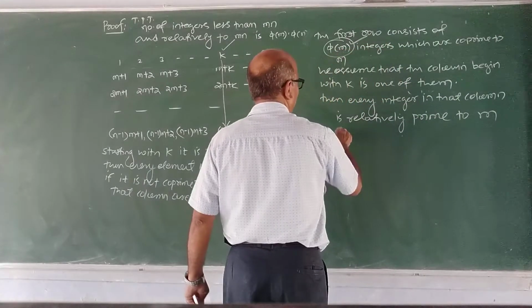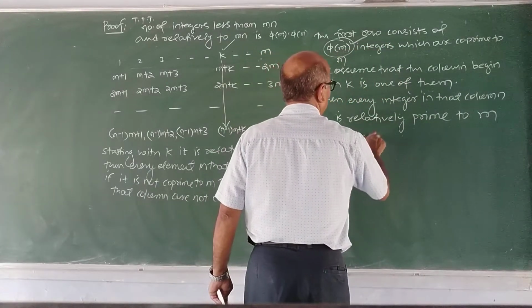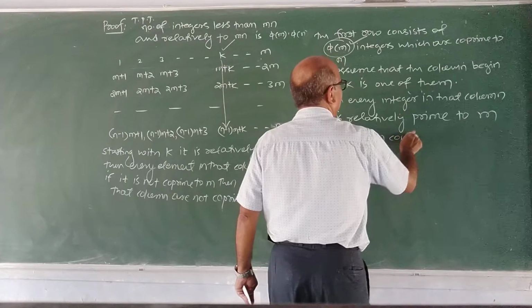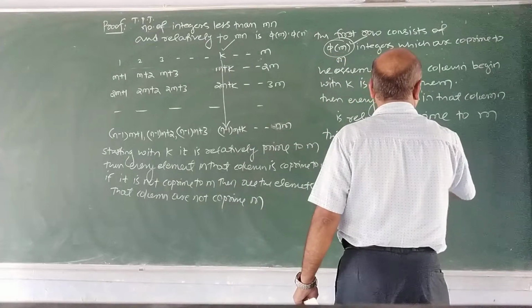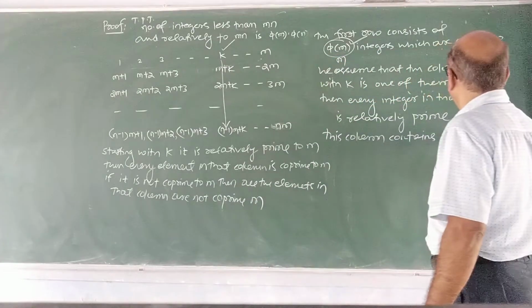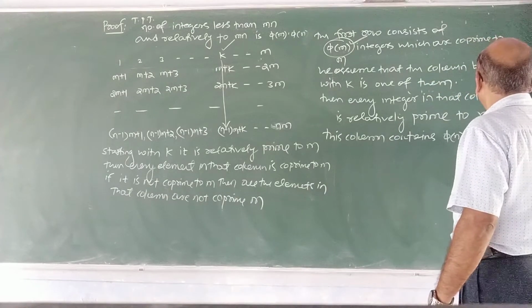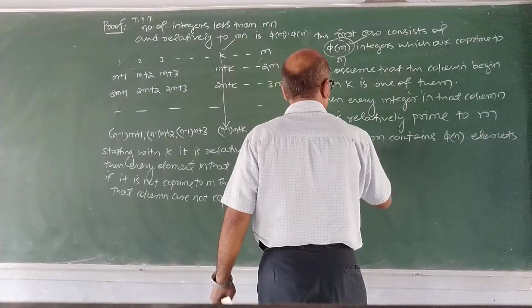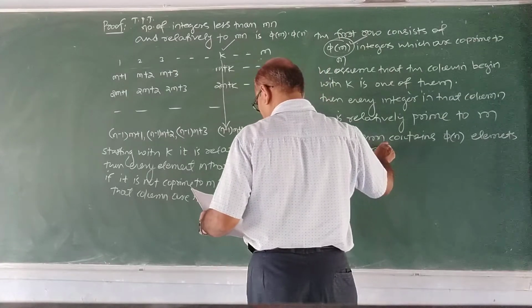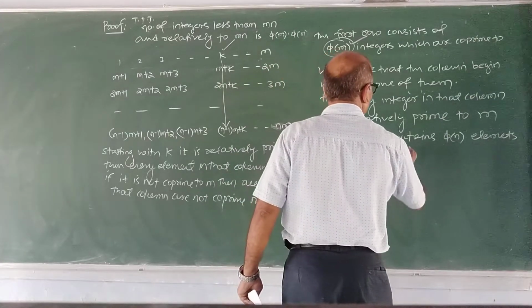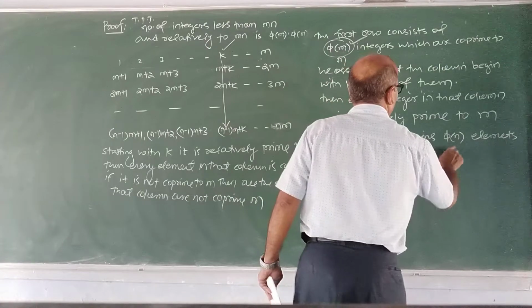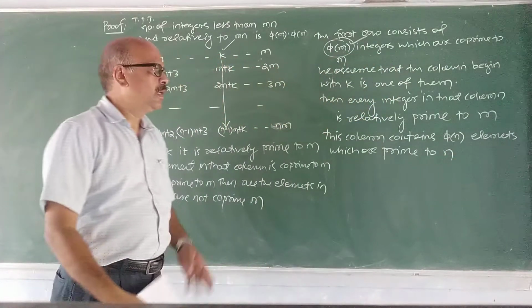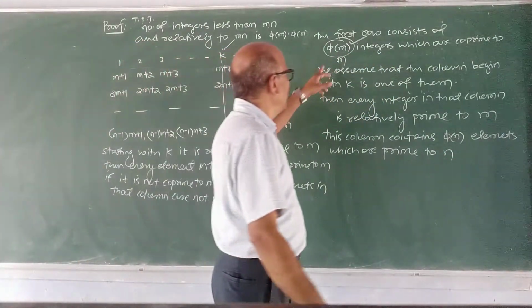This column contains pi n elements which are prime to n. So I explain again.